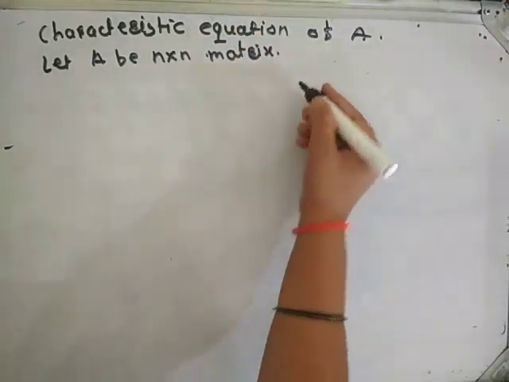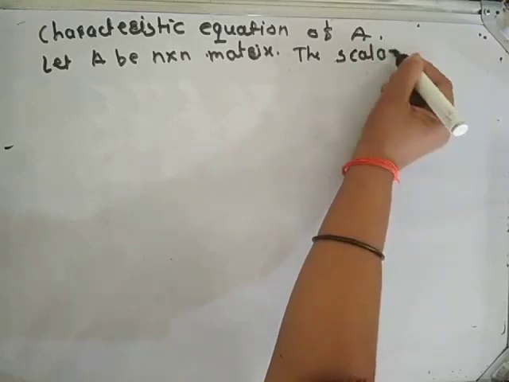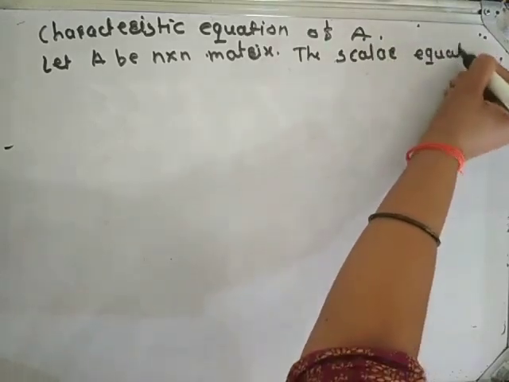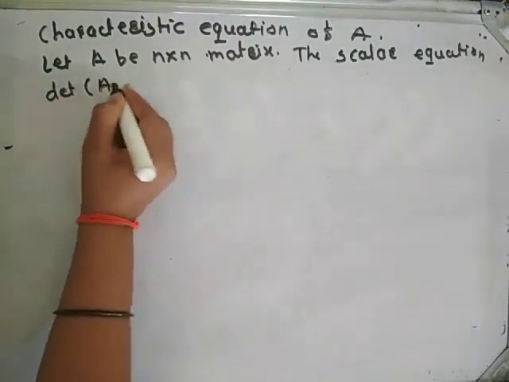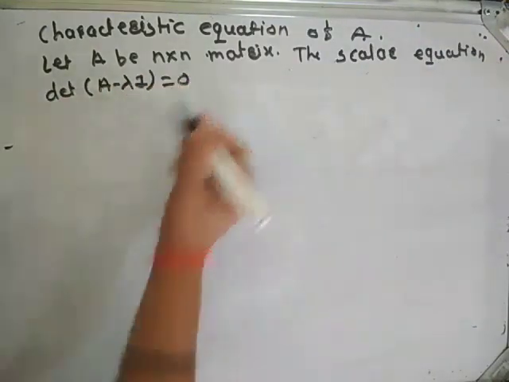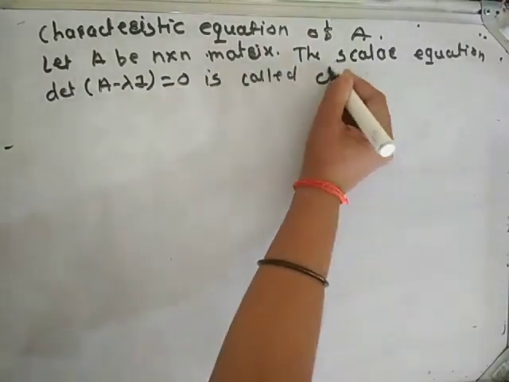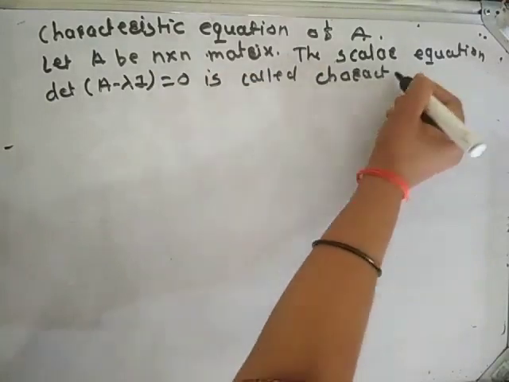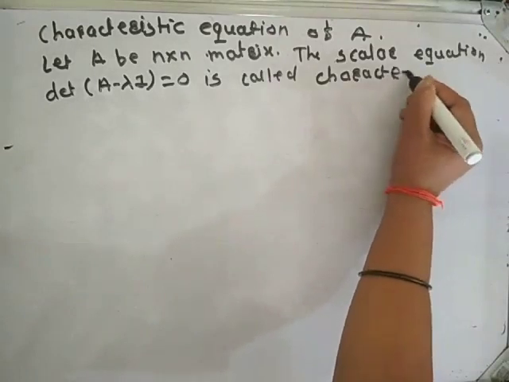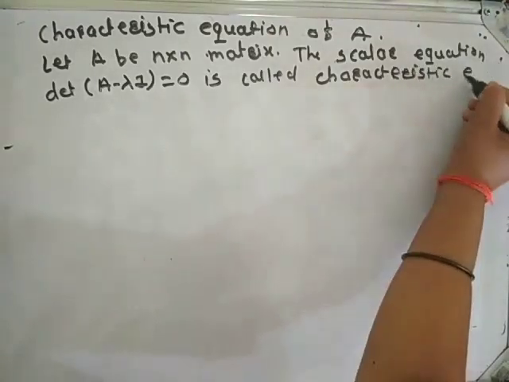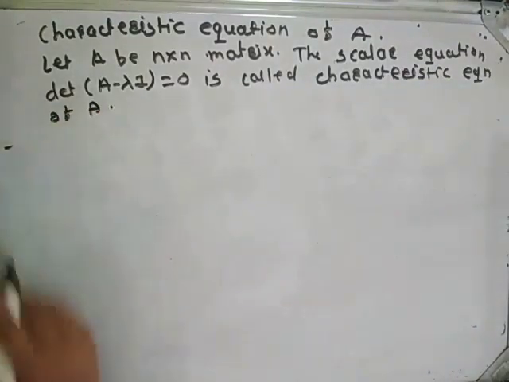The scalar equation determinant of A minus lambda I equals 0 is called the characteristic equation of A. Okay.